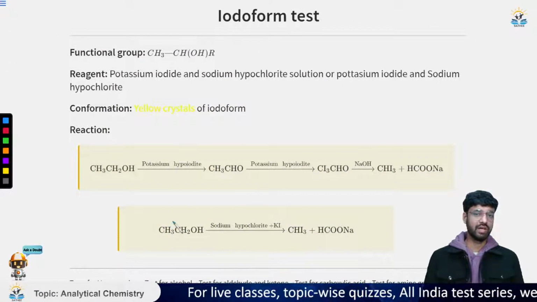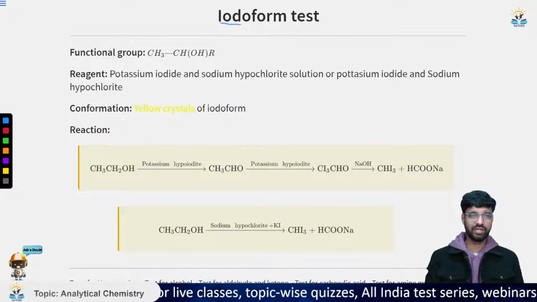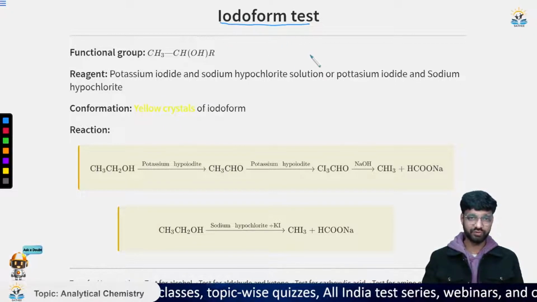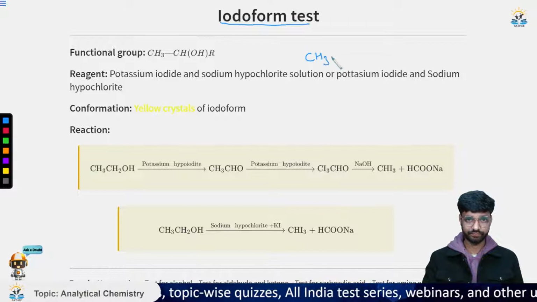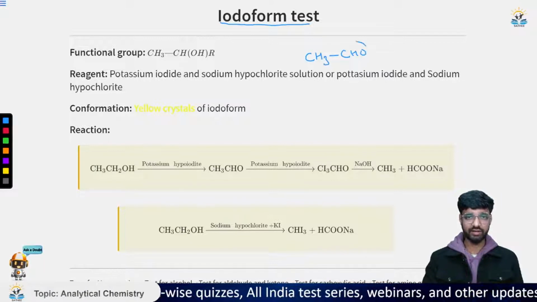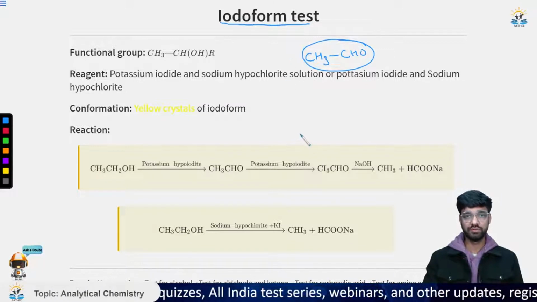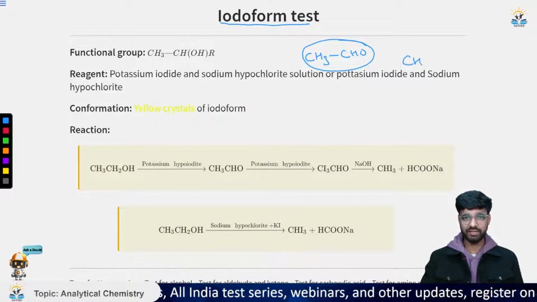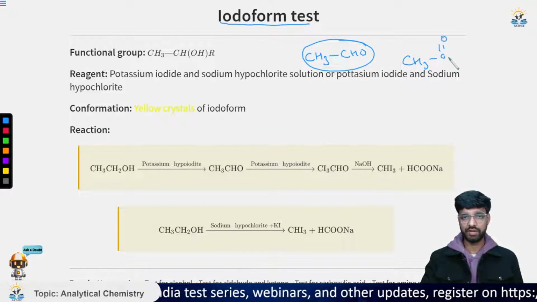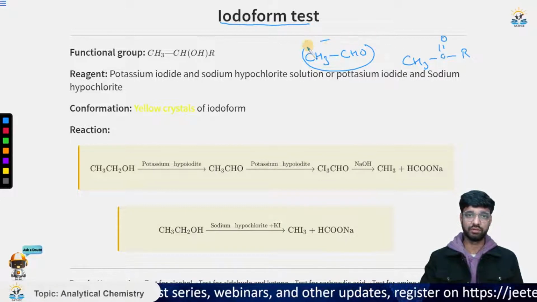Next is the iodoform test. The iodoform test is for two kinds of groups. The first one is this one, which we have seen earlier. This is CH3CHO, or you can say CH3CO-R, and this R can be anything.